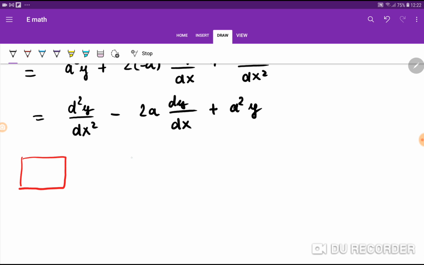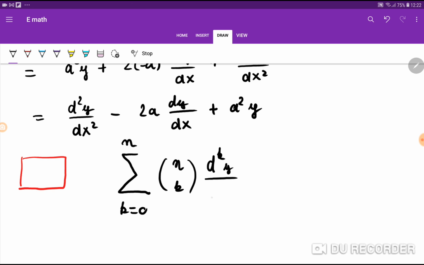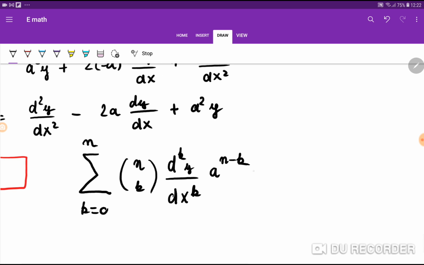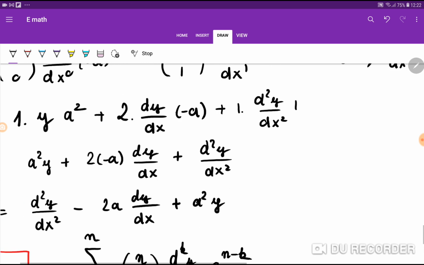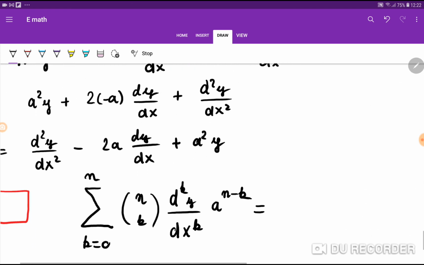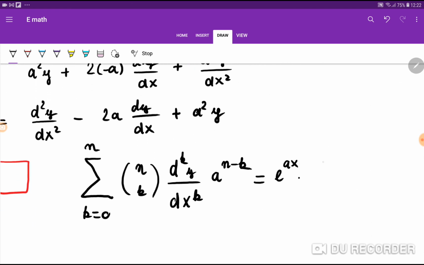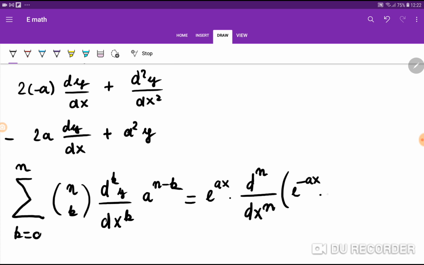It's basically saying that the summation, k equals 0 to n, of n choose k times d^k y over dx^k, times a to the power of n minus k, will equal e to the power ax times d^n over dx^n of negative x times y.